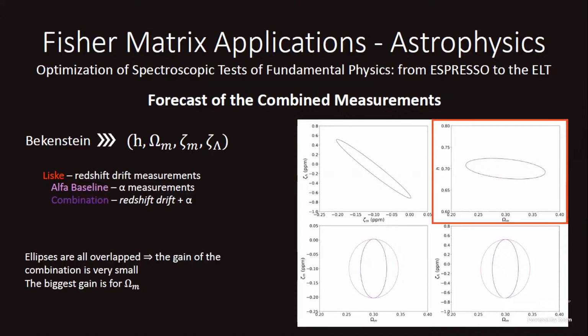So they are all overlapped, which implies that the gain of the combination is very small. We cannot distinguish them. So the biggest gain is actually in the omega parameter, as you can see here. If we have the combination with dark purple, we will have better constraints on omega parameter.